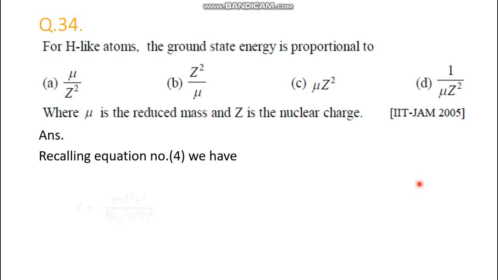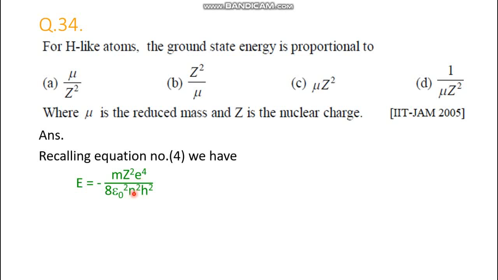Recalling equation number 4, what was in equation number 4? This was equation number 4 in the previous lecture, where energy of an electron is minus mass of electron, then charge of the nucleus, charge of the electron, permittivity of vacuum squared, then principal quantum number squared, then Planck's constant squared. Here the variables are m and z, all other terms constant.